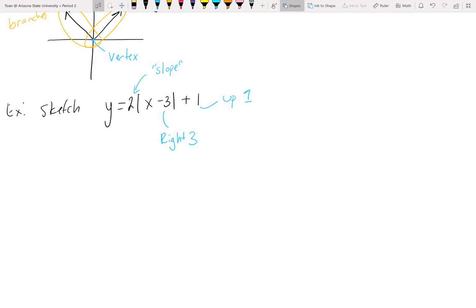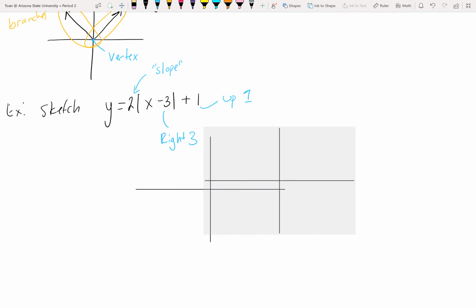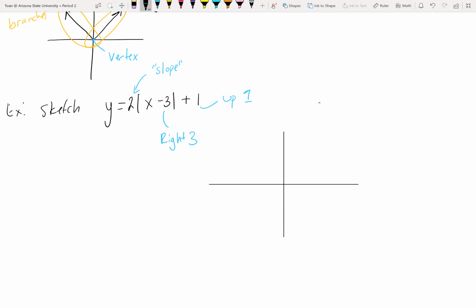So go ahead and make a coordinate system. And then all you got to do is listen to your instructions.